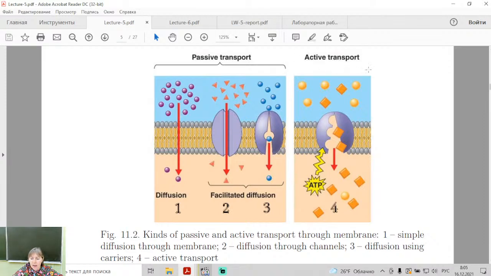And the second, active transport of substances. This kind of transport involves cell energy input. Look at this picture. Passive transport through the membranes is related to some kind of diffusion.